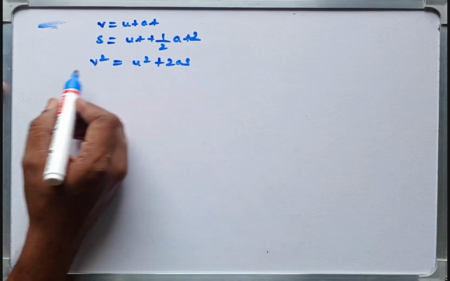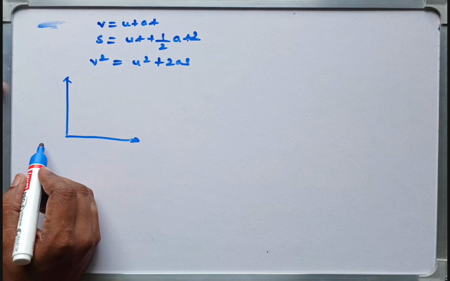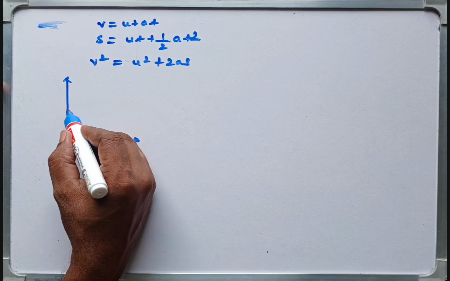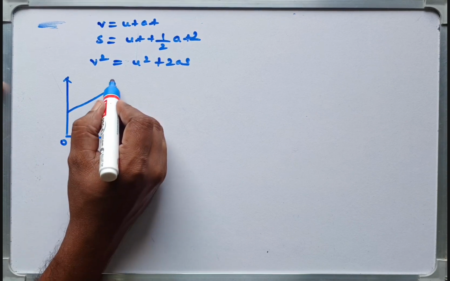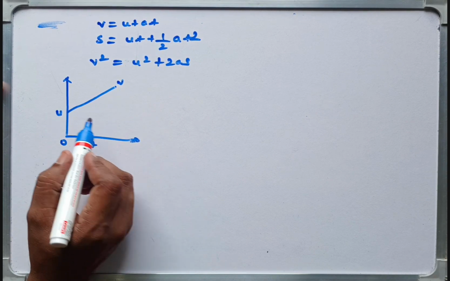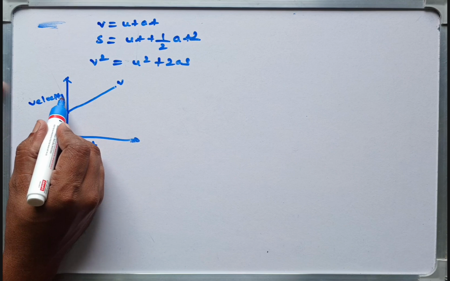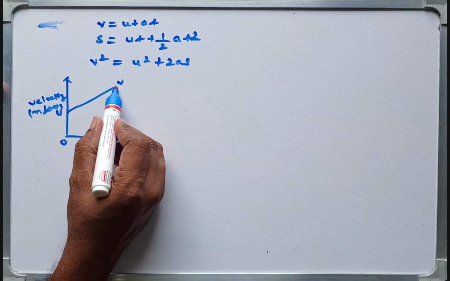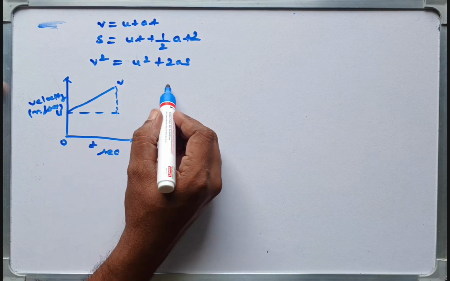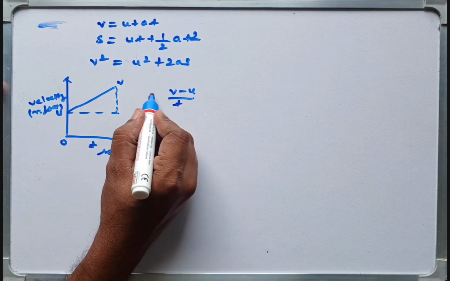One more thing in examinations. Suppose the particle is moving with some acceleration, with time t on this axis and velocity on this axis in meters per second, and time in seconds. This gives v minus u divided by the base time t, which equals a.